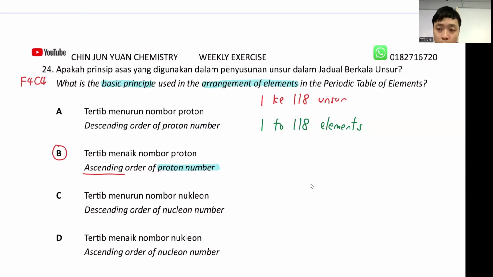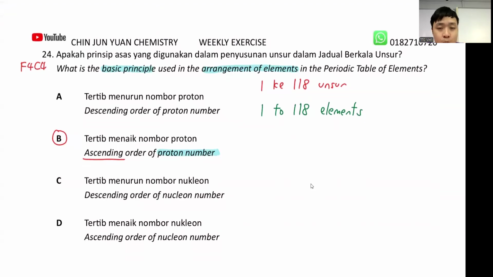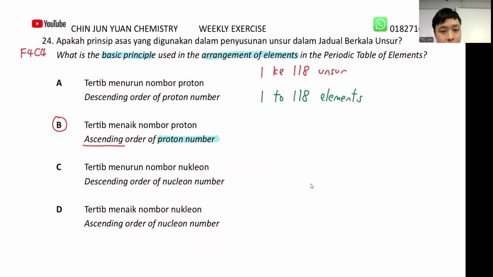Ascending is from small to big, from 1, 2, 3 until 118. Like hydrogen is 1, helium is 2, lithium is 3, beryllium is 4, boron is 5, carbon is 6.